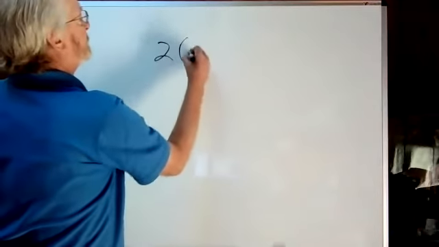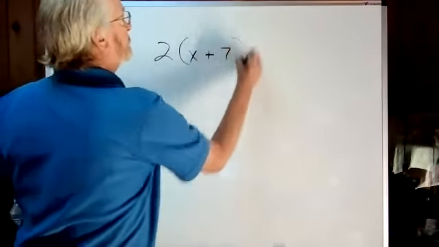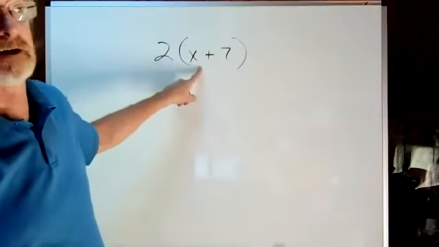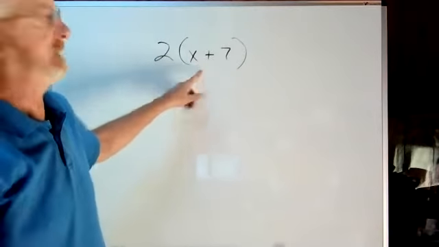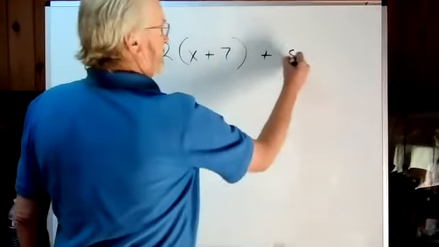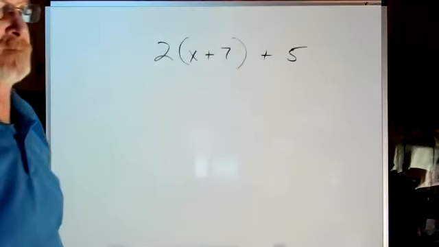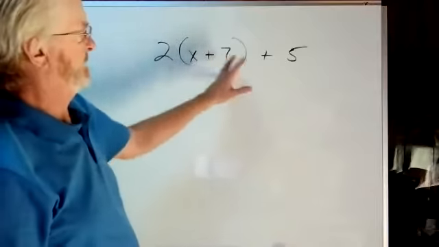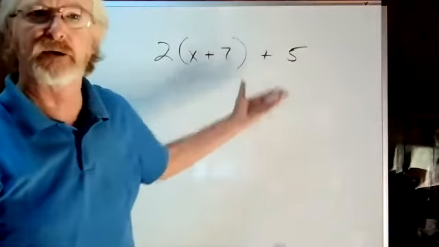Here's the way we will more often use it. I've got 2 of this expression that has the variable in it, and let's say I've got an extra number out here, and I want to simplify this expression. Here's some 7s that are being added, and eventually wouldn't I like to combine those constants?